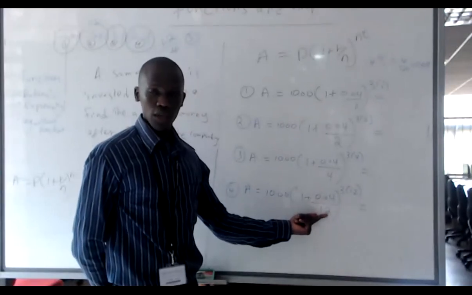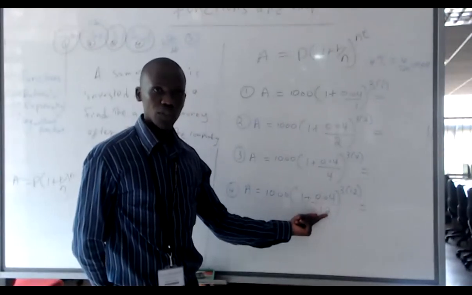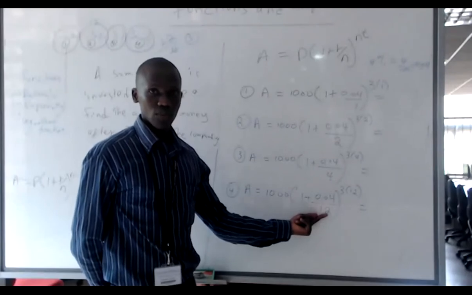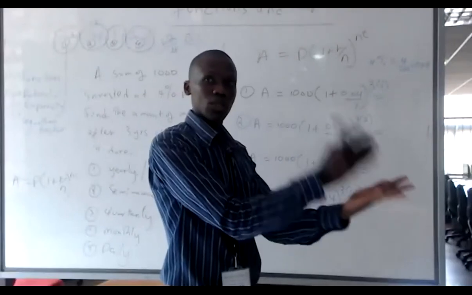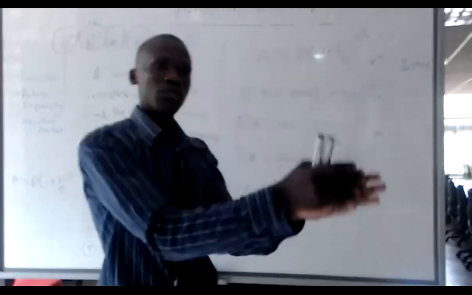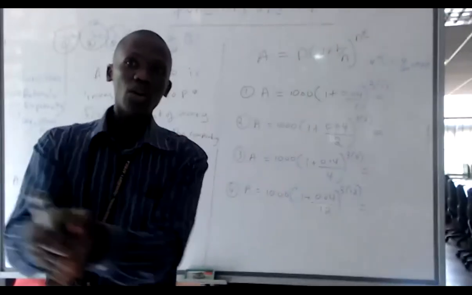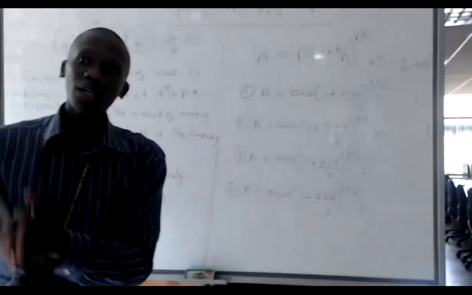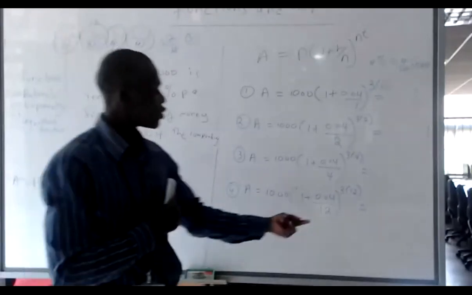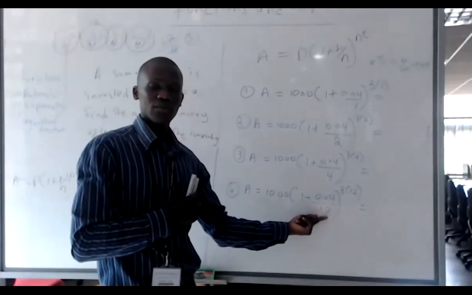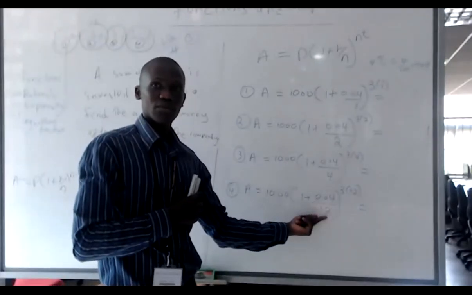There are 12 months in 1 year, so that means there are 12 periods in 1 year. If you calculate the interest earned in January, add to the principal, do that for February, March, April, all the way to December, there are 12 months and you're compounding for every month. So it means you will have 12 periods. Is that okay?